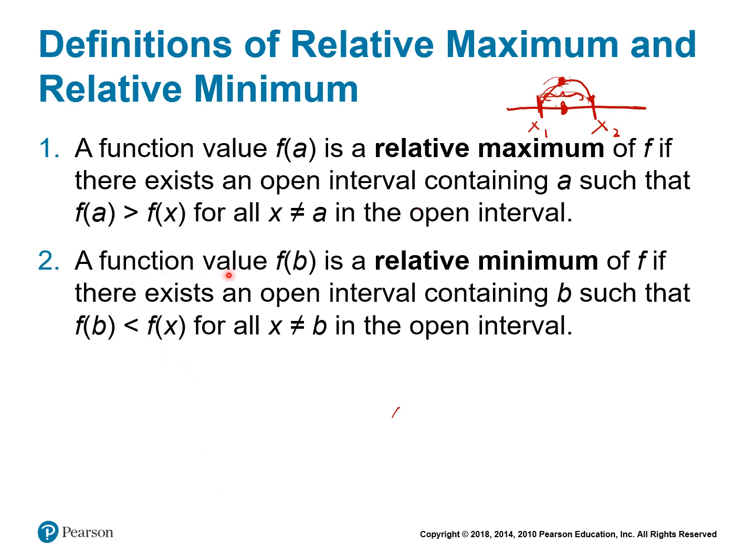It says a function value f sub b is a relative minimum of f if there exists an open interval containing b such that f of b is less than f of x for all x not equal to b in the open interval. Again, this is just the converse of what we studied about relative maximum.